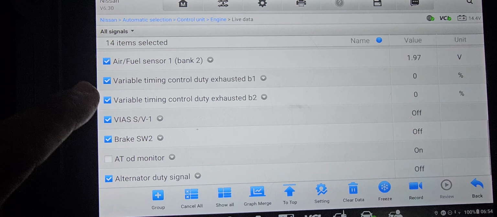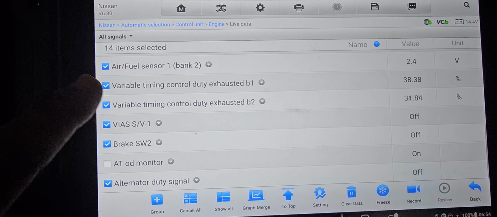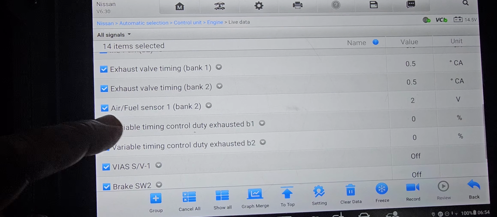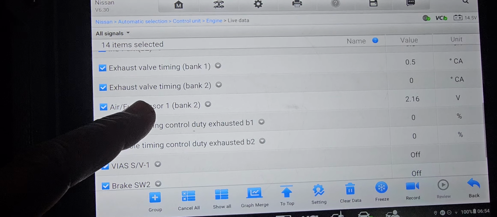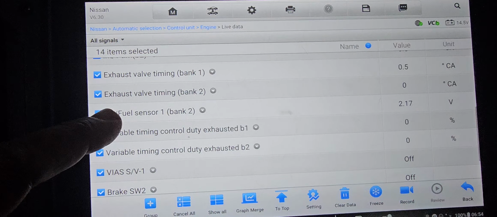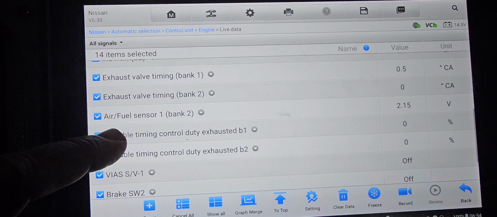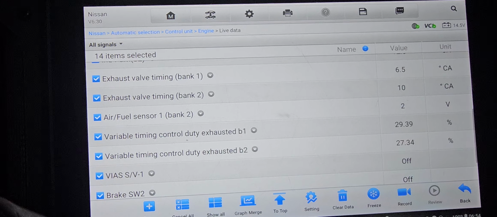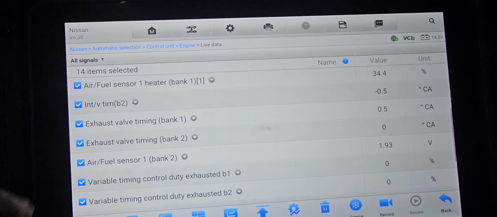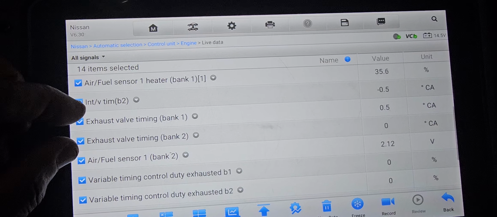Variable timing control duty, as I told you, when you give gas they change. Air fuel ratio with the car running, 2 point something volts. Air fuel sensor. Maybe this is the exhaust valve timing, bank 1 and 2.